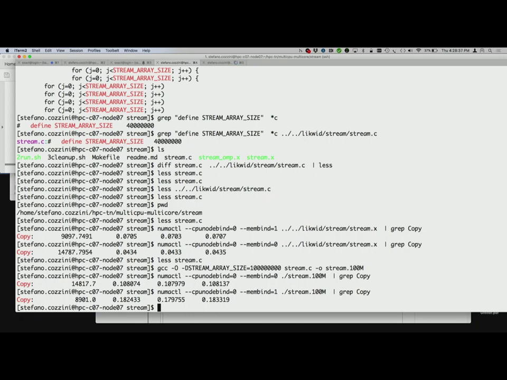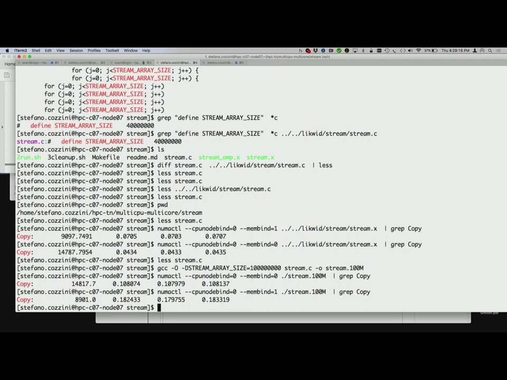I was actually a little bit wrong comparing the two different codes, the stream benchmark in the two different directories, because in the liquid directory stream was a little bit too old, and it was not optimized the same way. So once you compare the same executable with the same source code with a larger array, we see that now we bypass the L3 cache effect, and now we have the right behavior.